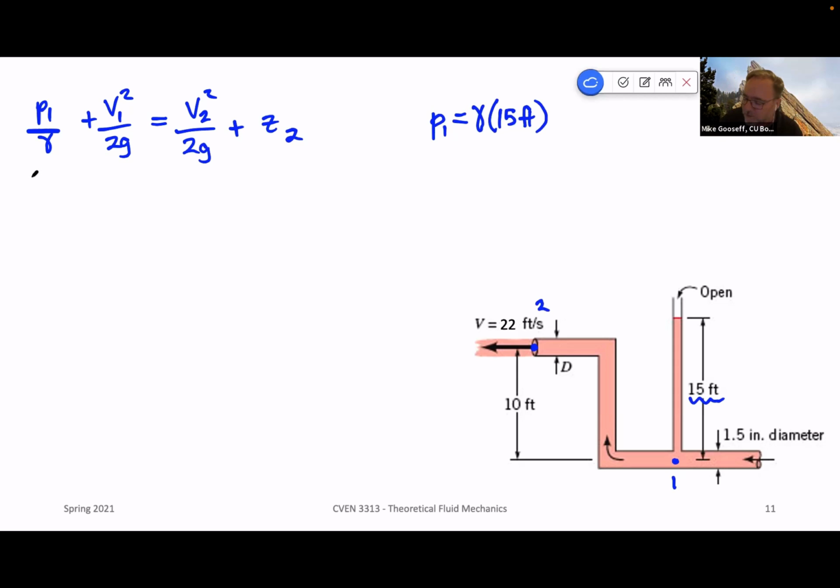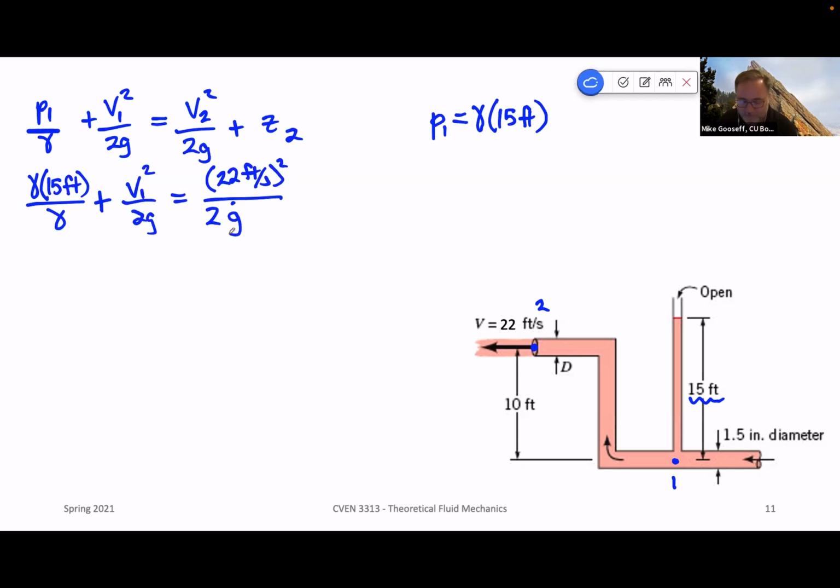If we simplify this, then we have gamma times 15 feet divided by gamma plus V1 squared over 2g, since we don't know V1 yet, is equal to, now we have V2, so this is (22 feet per second) squared divided by 2g. I'm going to leave it at that for now and not substitute all those in. And then we add the 10-foot difference that we had between the elevations of point 1 and point 2. Okay?